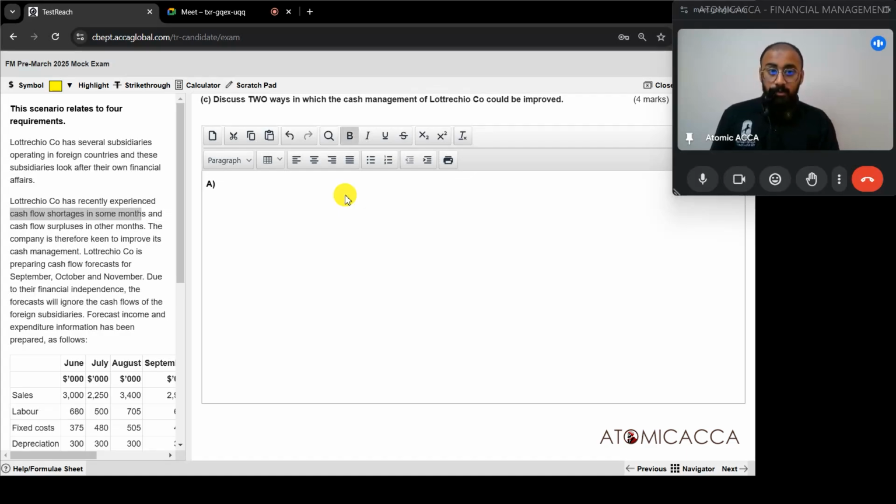Since it is for only 2 points they need, and this is for 4 marks, under each heading we have to give 2 marks worth of content. So first one, central treasury cash management, or central treasury department, anything can be done.